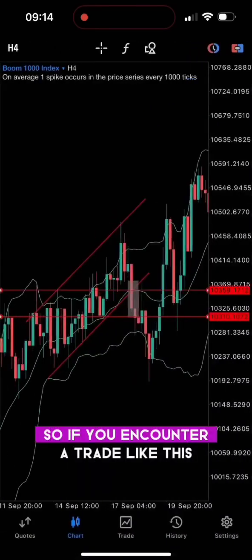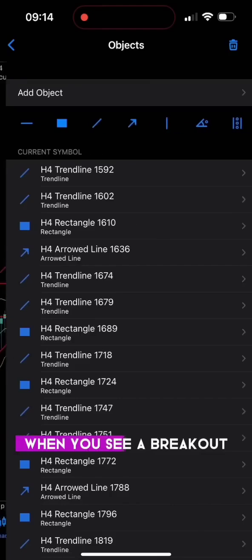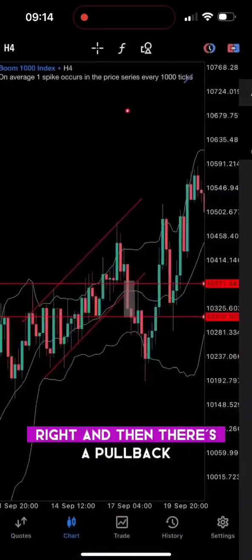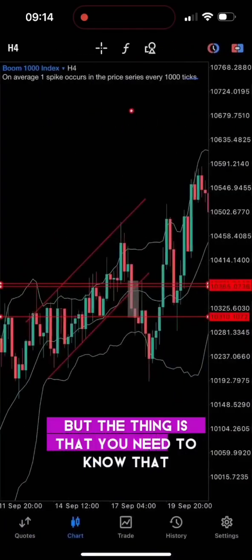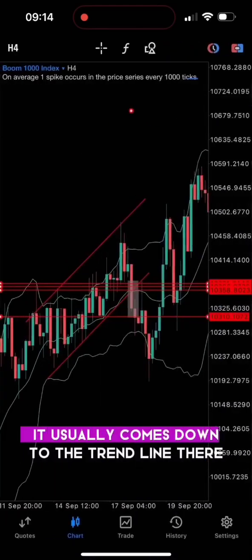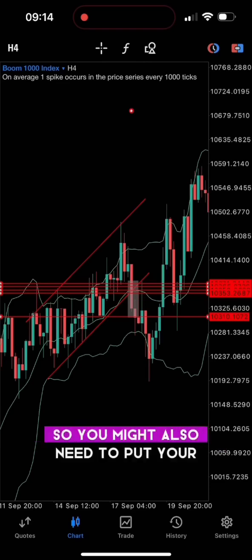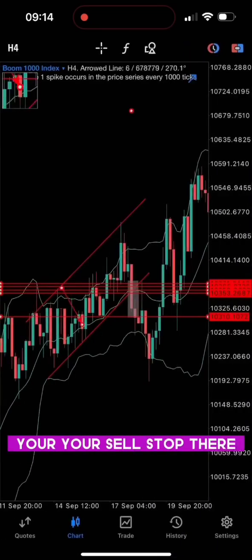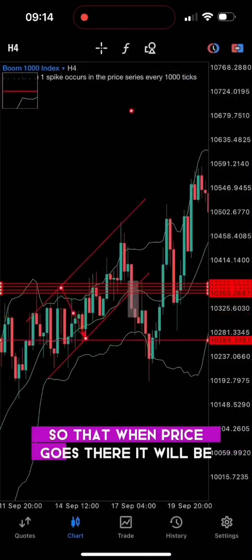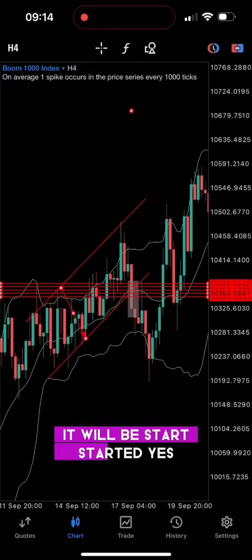So if you encounter a trade like this, this is what you do. When you see a breakout, right, and then there's a pullback, you know you need to sell, right? But you need to know that it usually comes down to the trend line there, where I'm putting many lines. So you might also need to put your sell stop there, so that when price goes there, it will be started.